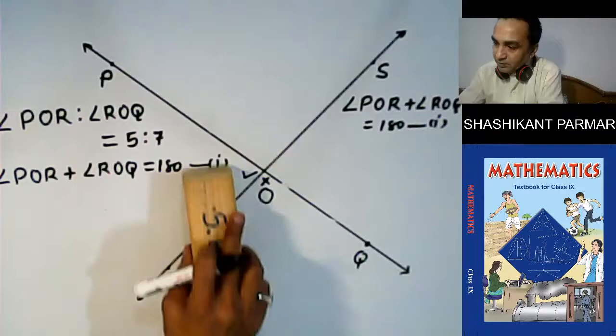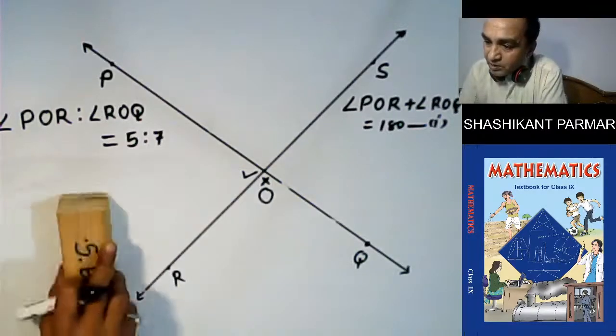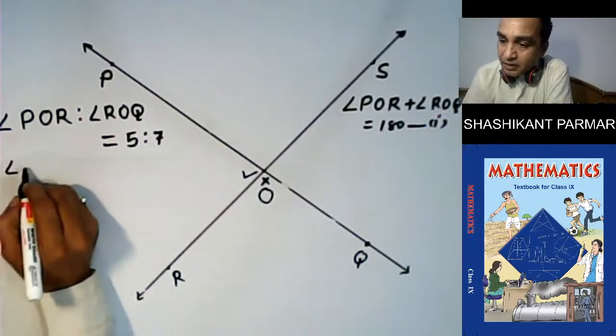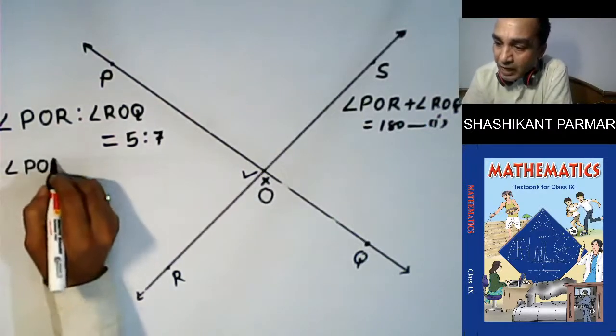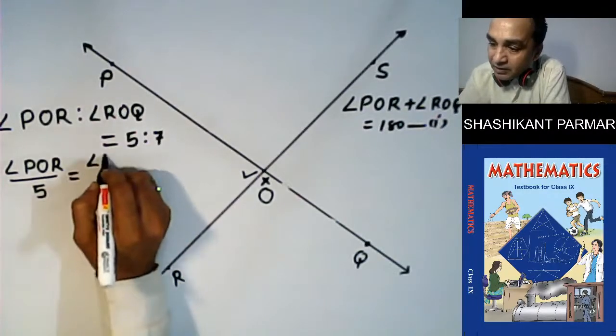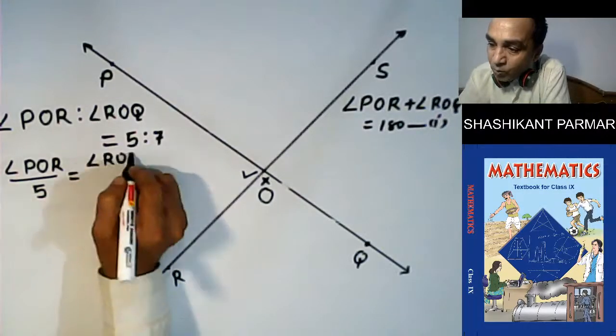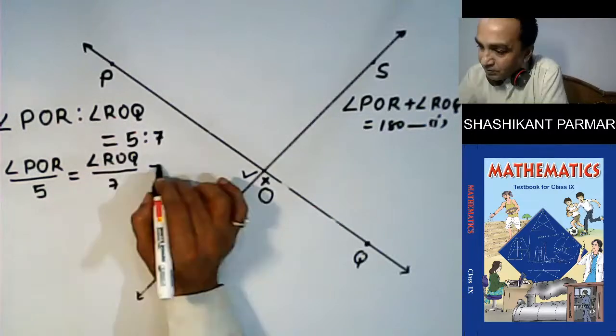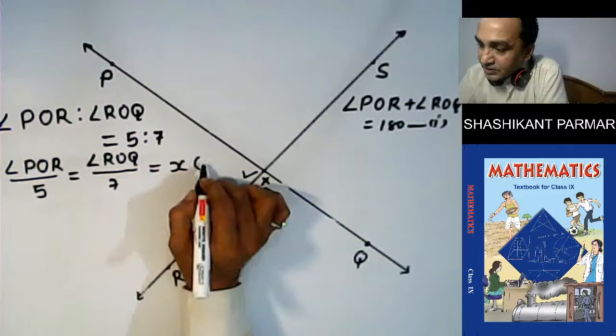Okay. Now what we are given is this. Therefore, angle POR divided by 5, angle ROQ divided by 7 is equal to, suppose, x. Say it is x.